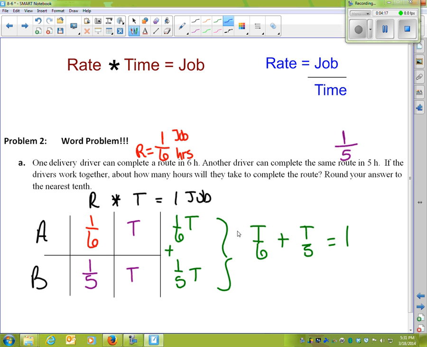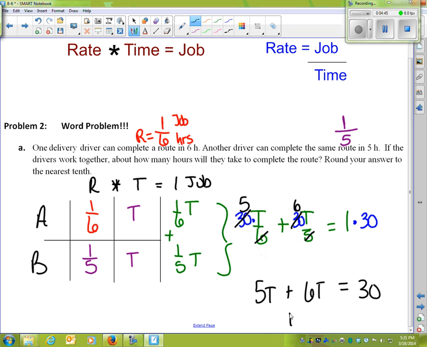So I'm going to multiply everything by 30. Even the right-hand side by 30. Let's reduce. 30 divided by 6 is 5. So I have 5t. 30 divided by 5 is 6. Is equal to 30.